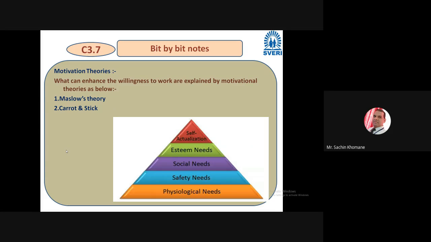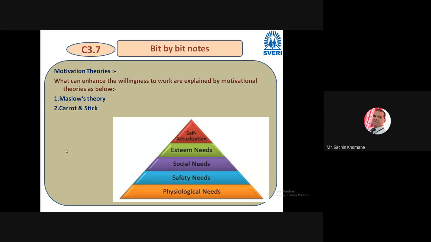So first read the story of carrot and stick. We know there is a donkey, a carrot is tied in front of the donkey, and on top the owner is sitting and beating it with a stick, and the donkey keeps going forward because it thinks it will get the carrot. So based on that particular concept, this theory is developed. So let us discuss next time, but let us discuss this theory today, Maslow's theory.